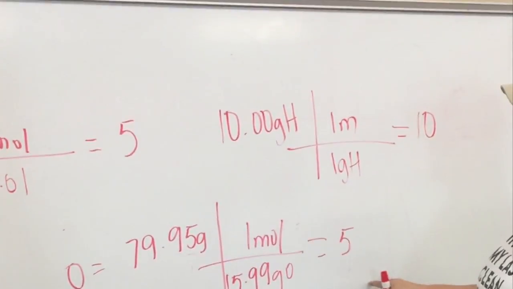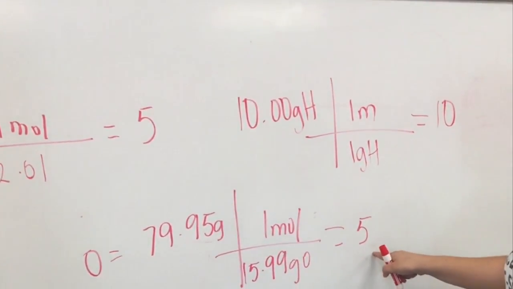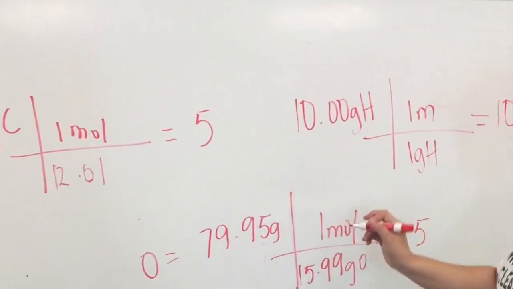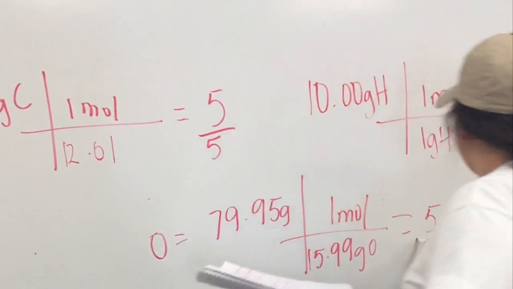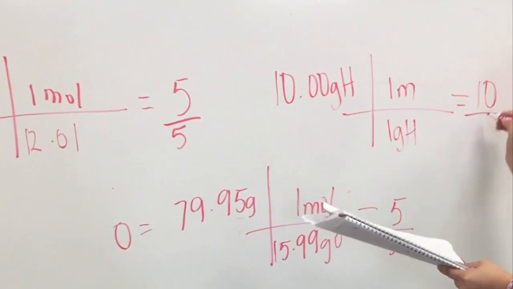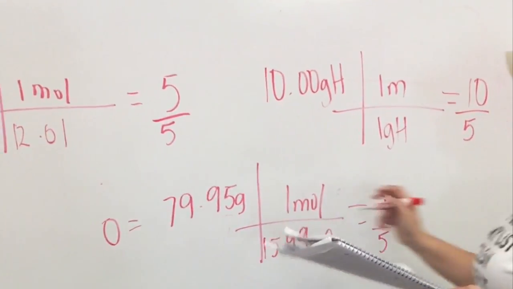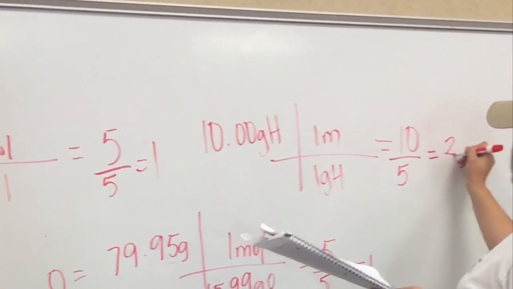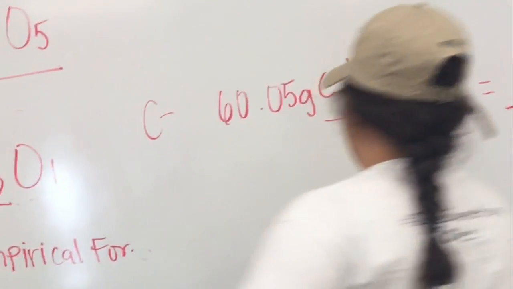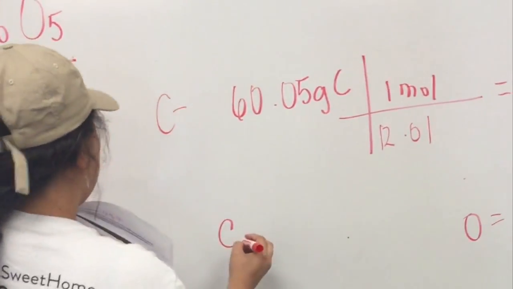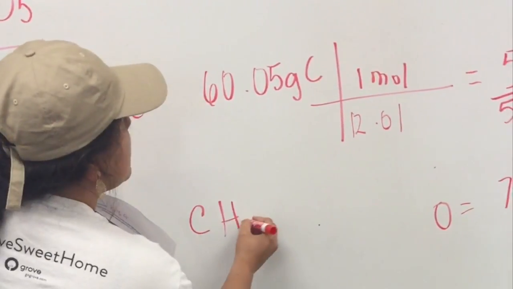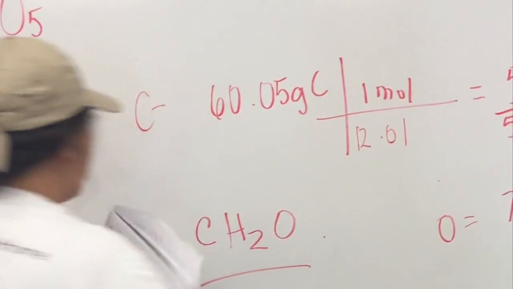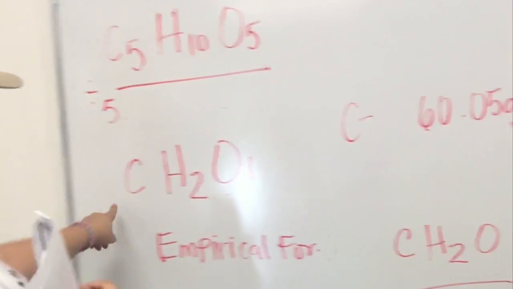So you're just going to divide by the lowest number, and the lowest number is obviously 5, so you just divide by 5 on each of the answers. And this equals 1, this equals 2, and this equals 1. So when you come back, it's going to be CH2O. And it's the same thing as we found over here.